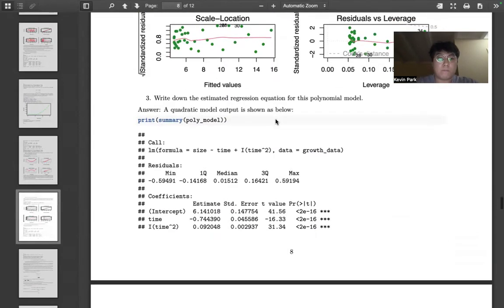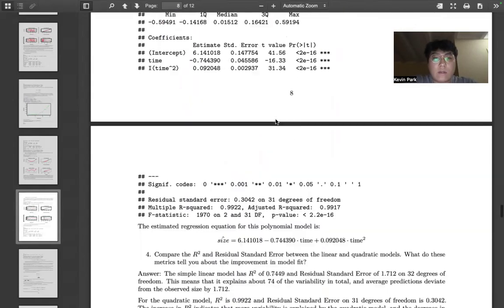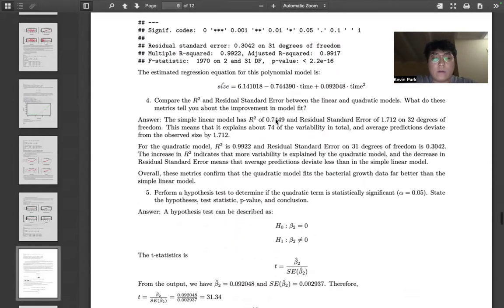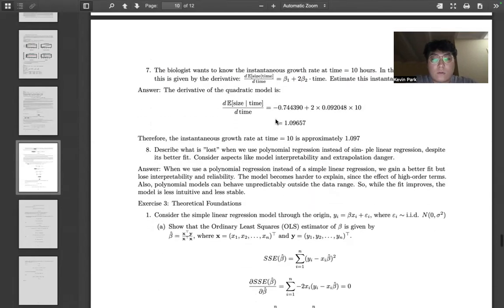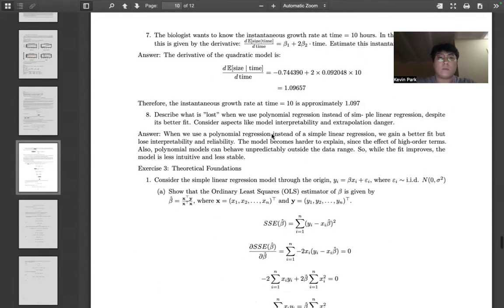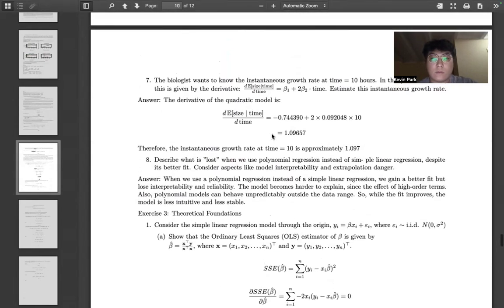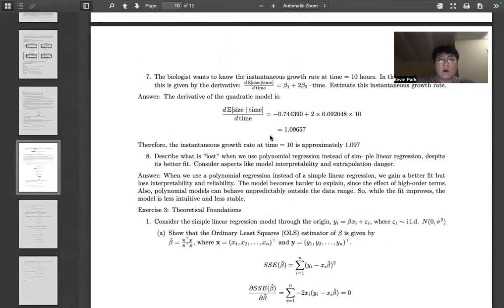So we apply a polynomial model, a quadratic model, and it explains the data really well. But there's a loss when we use polynomial regression instead of simple linear regression, because polynomial regression has higher order terms like x squared or x to the third, so the model becomes harder to explain.